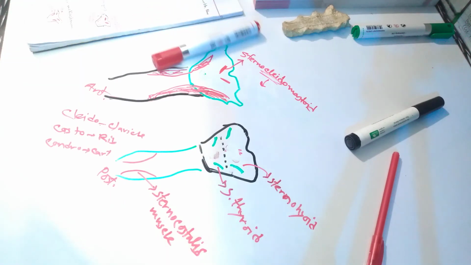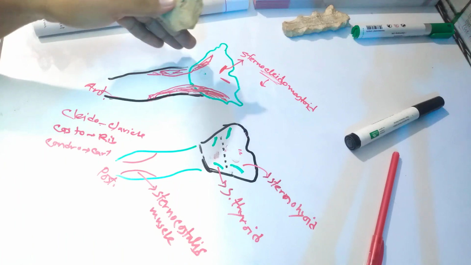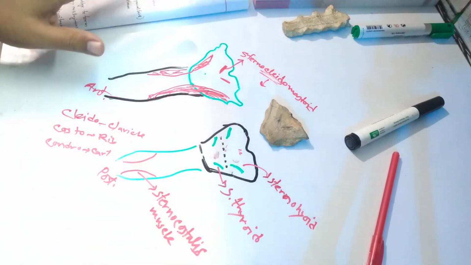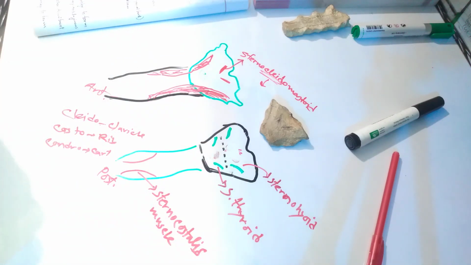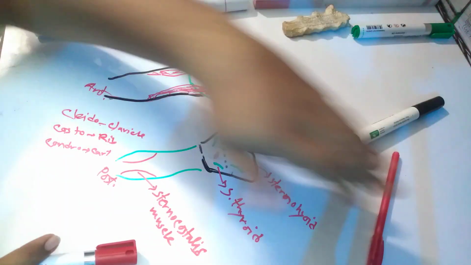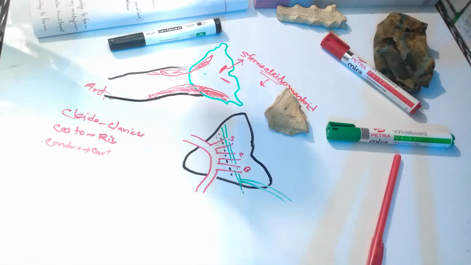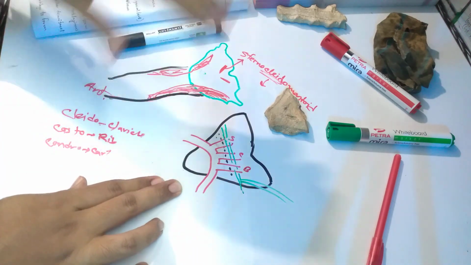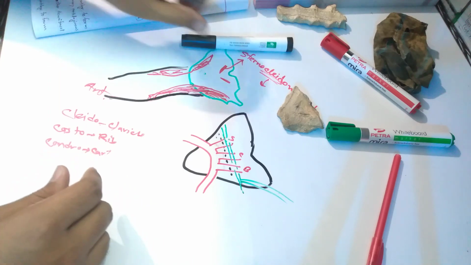Then we see the attachment of anterior surface and posterior surface. Now the relation of posterior surface is here. This is the arch of aorta.